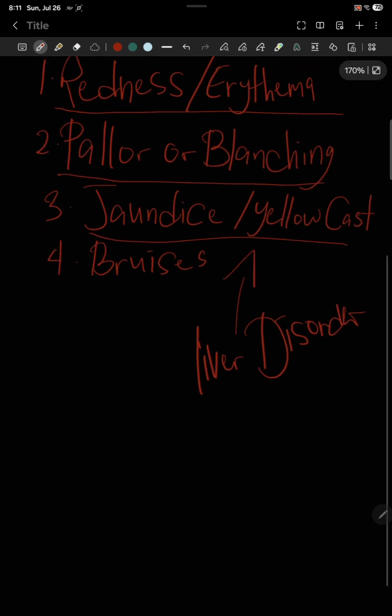And then we have here the number 4, the bruises. So si bruises muna siya ang black and blue marks sa atong bruising, where blood has escaped from the circulation.